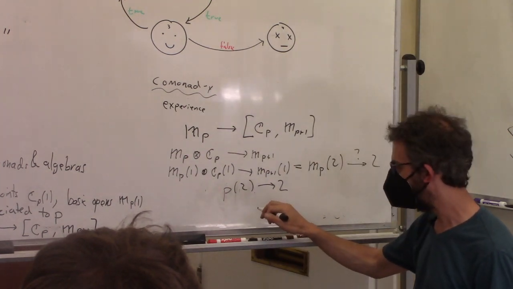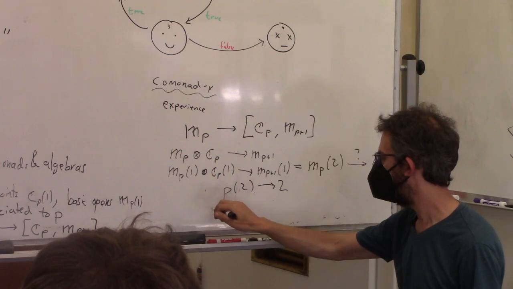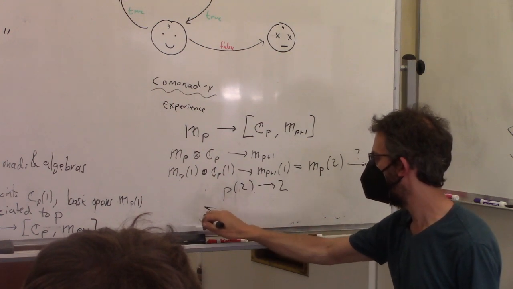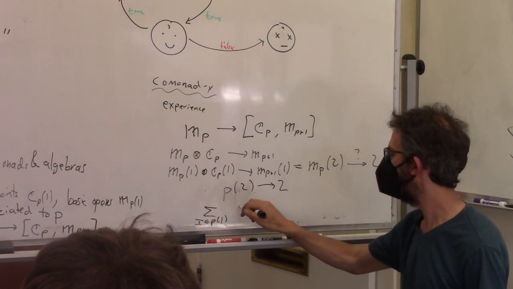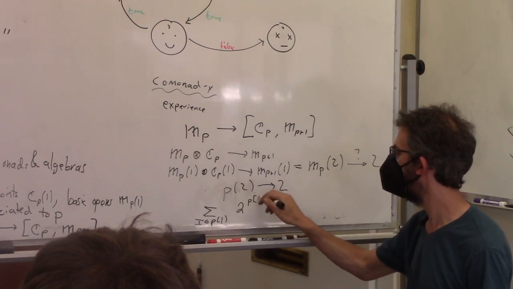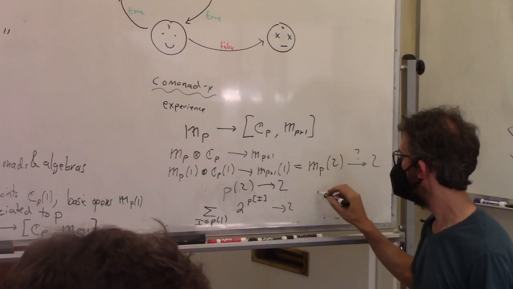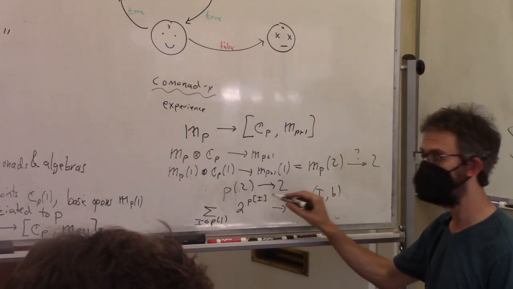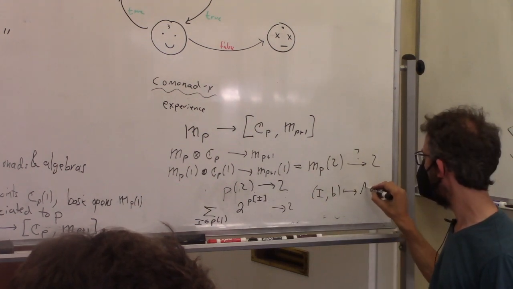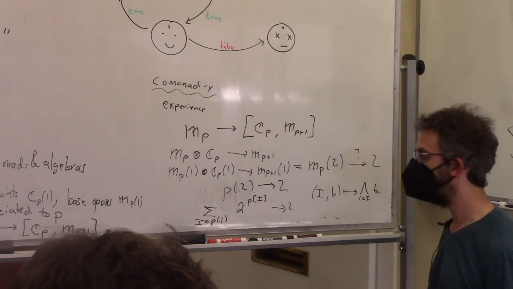And for that, what you would do is, you have a choice of position, P of 1, of 2 to the P bracket I. Given one of these, given an I and a bunch of booleans, one for every element of P bracket I, just send it to the and over all i of B_i.